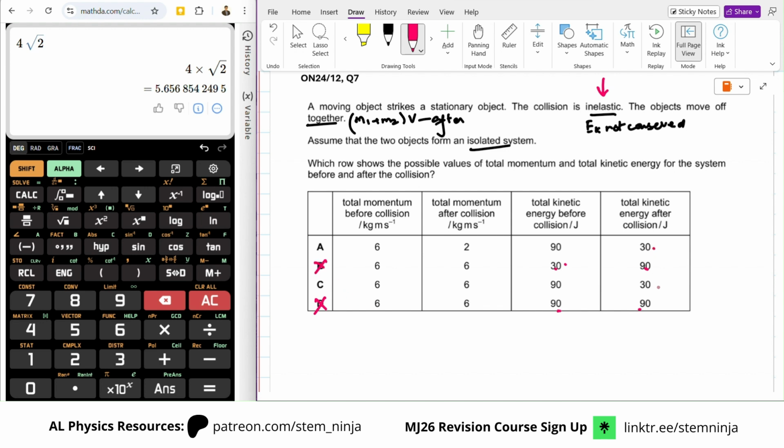Now we have 90-30 case, so we have to choose from one of them. Now we need to see the total momentum before collision and total momentum after collision. Since this is an isolated system, total momentum before and after are equal. So C would be the right answer.